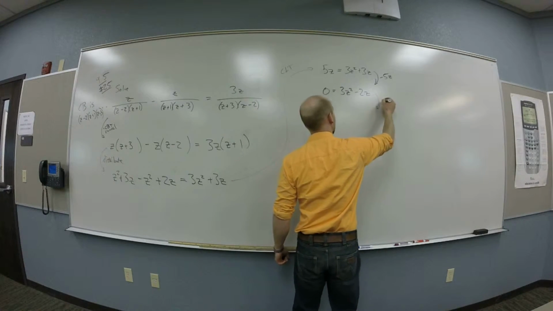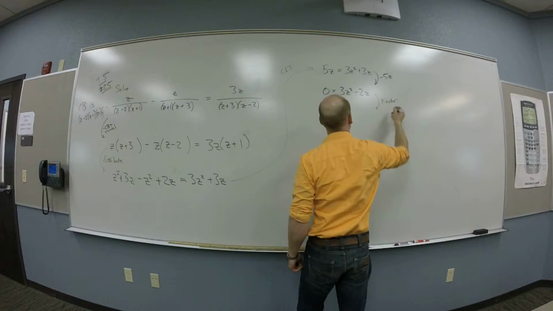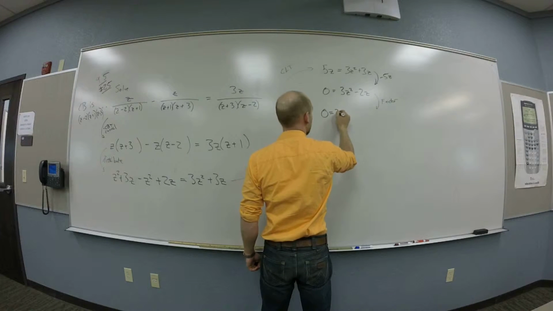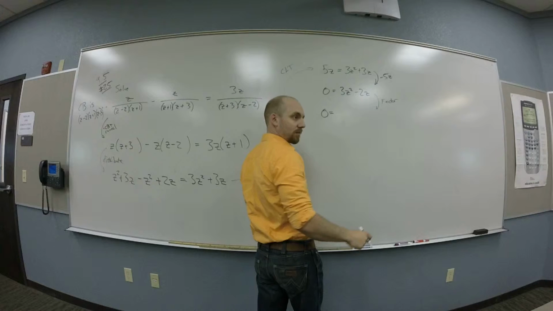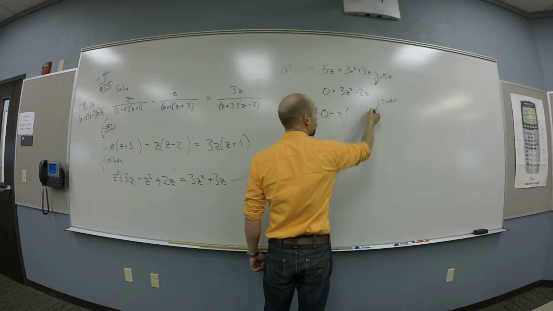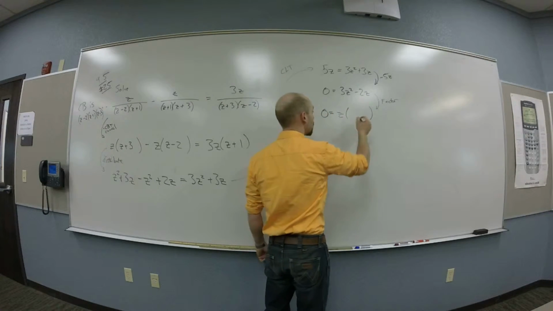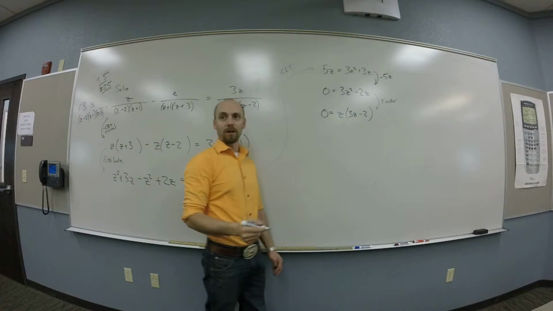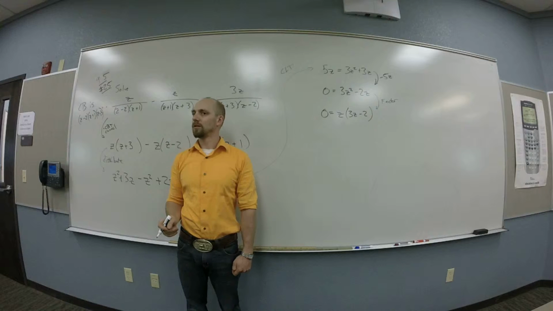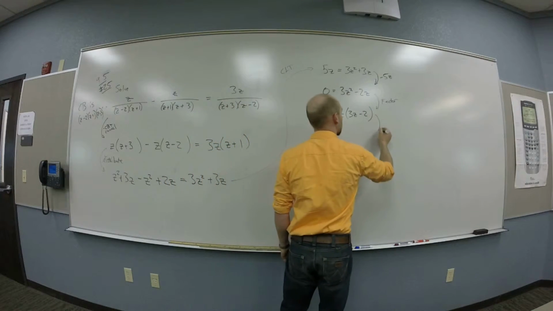So if I factor, I'm going to get 0 is what? z times what's left over? 3z minus 2. And then what do you apply? Yeah, the zero product rule.